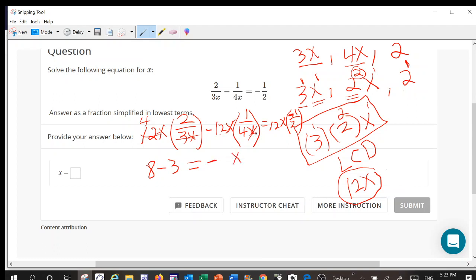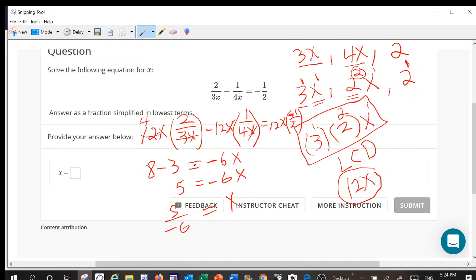X doesn't go anywhere, we have only one x, so we have to write it. And 12 divided by 2 is 6, that's negative 6x. Now this is 5 equals to negative 6x, so x is 5 over negative 6.